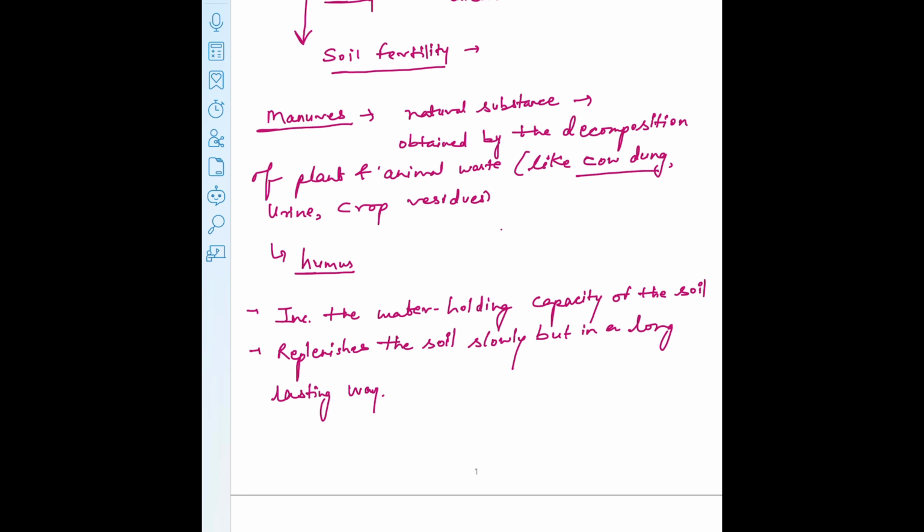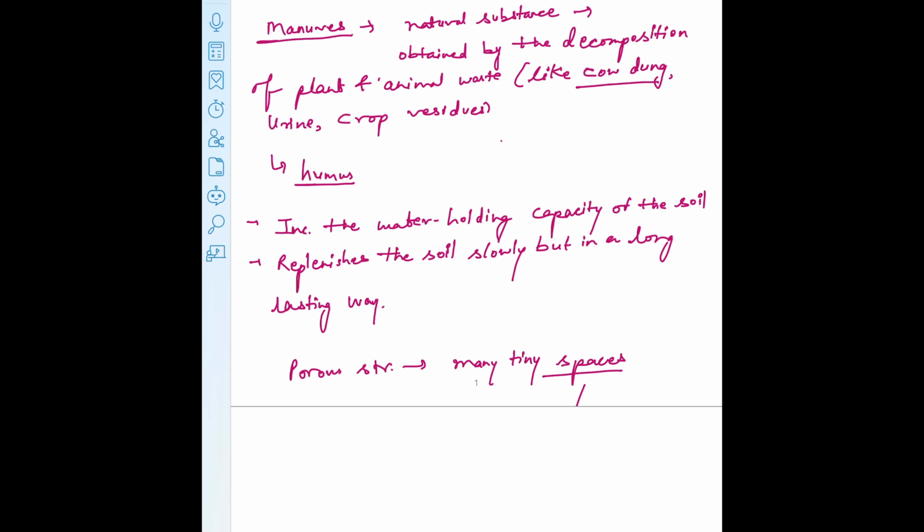We know manure contains humus, and humus has a porous structure. Porous structure means it has many tiny spaces. So these spaces trap and hold water like a sponge, and as a result the soil can store more water for a long time.